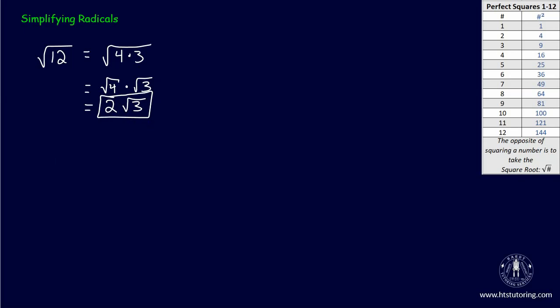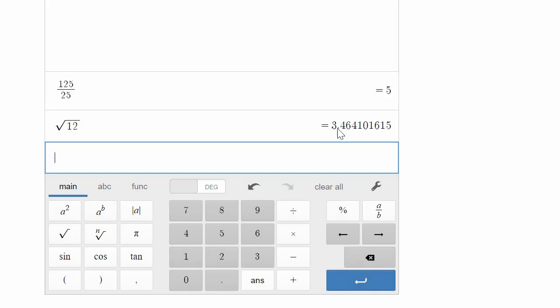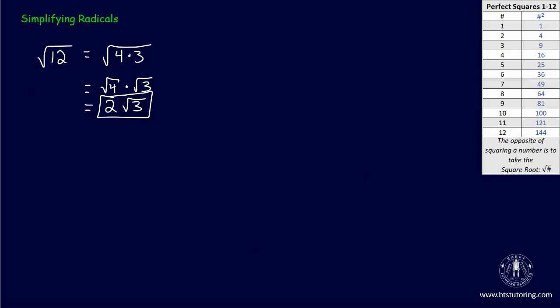Now we can go check that too. Let's see. We had square root of 12. That gives me 3.46, and so on. And then our answer was 2 times the square root of 3. So basically I'm going to make sure that 2 times the square root of 3 gives me the same answer as square root of 12.